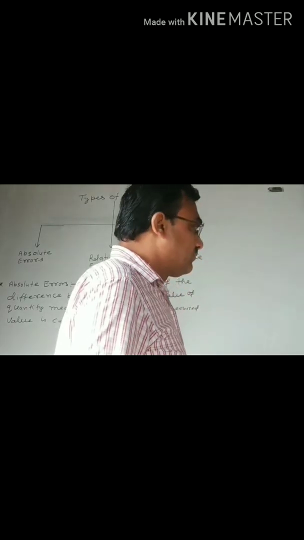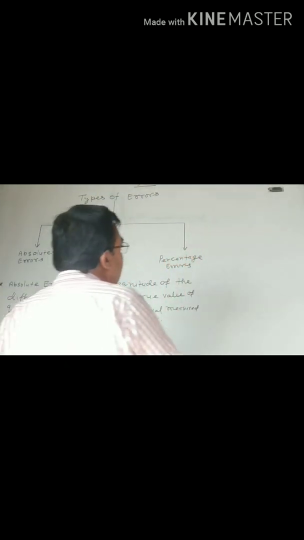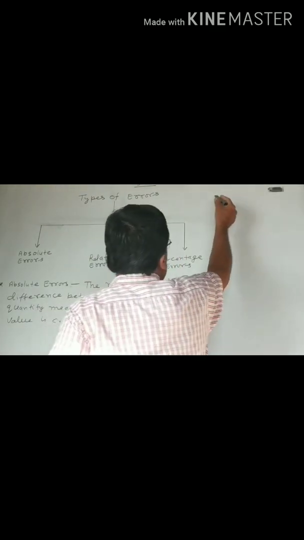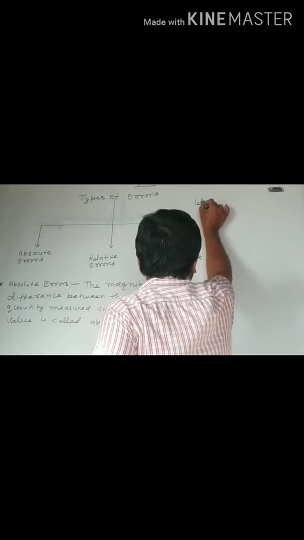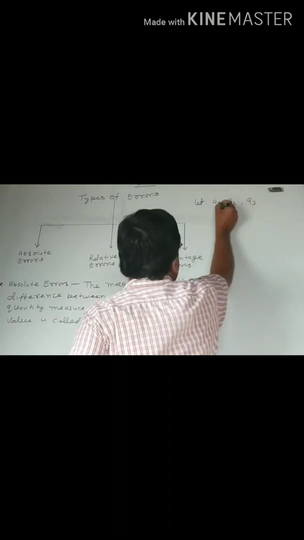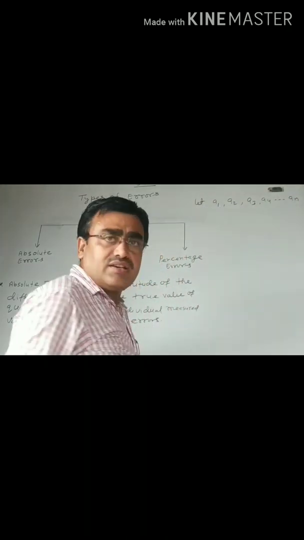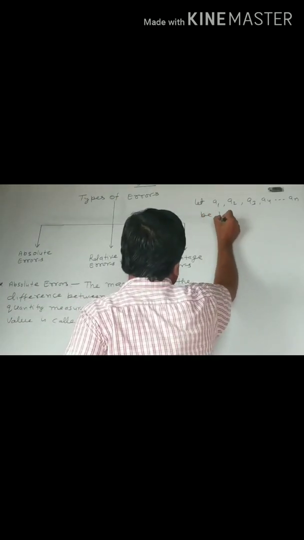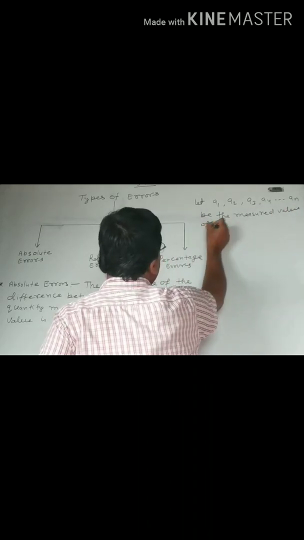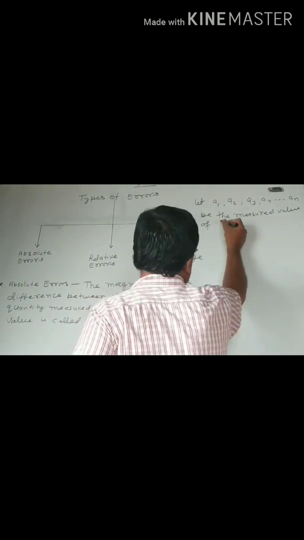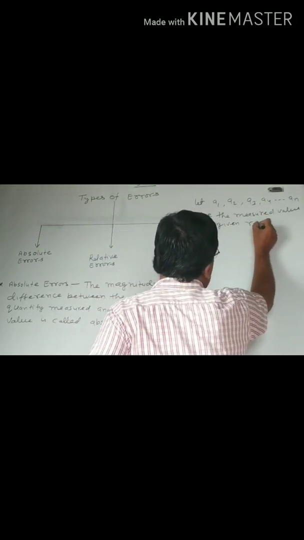Suppose the number of you present here is n, and the measured values of the length of the rod are, let A1, A2, A3, A4, dash dash, An be the measured values of the given rod.